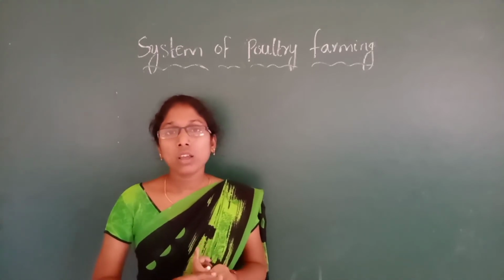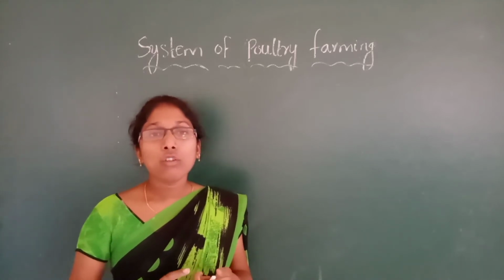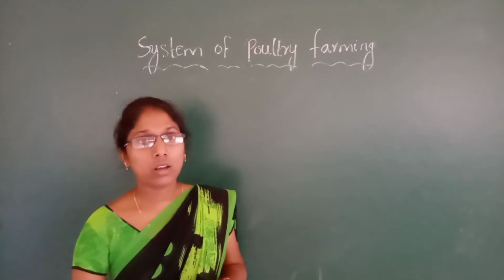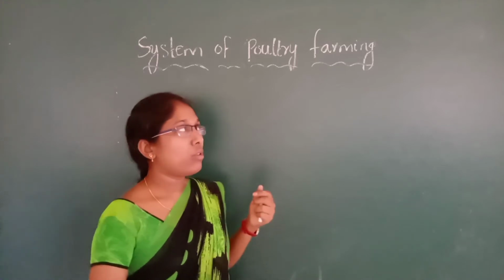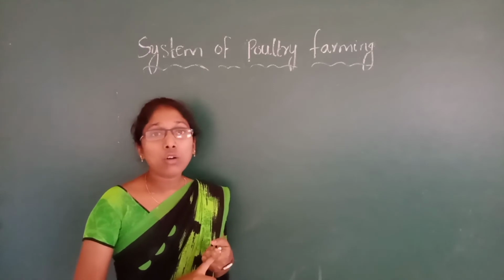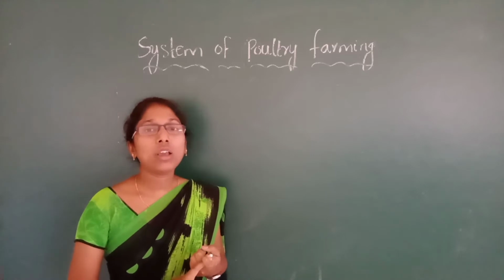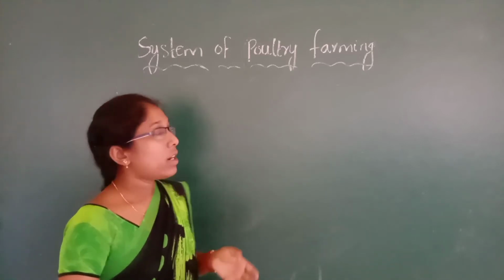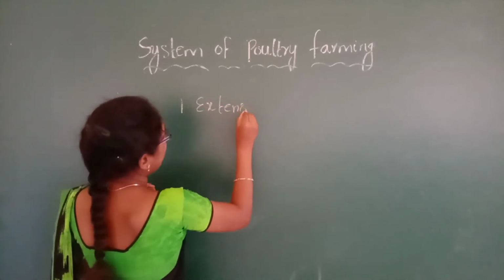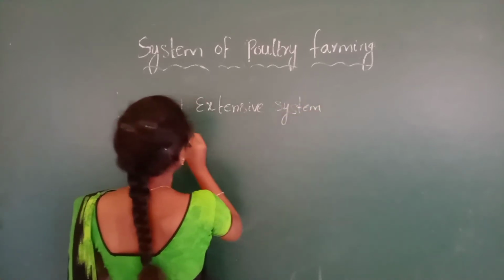So these keepers have to follow four types of housing system in poultry farming. First one, extensive system.